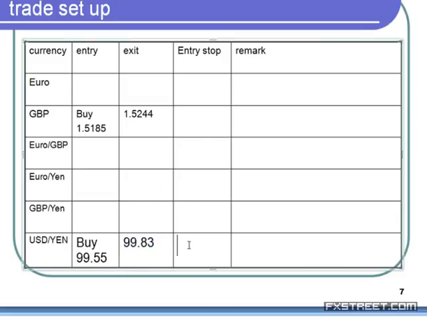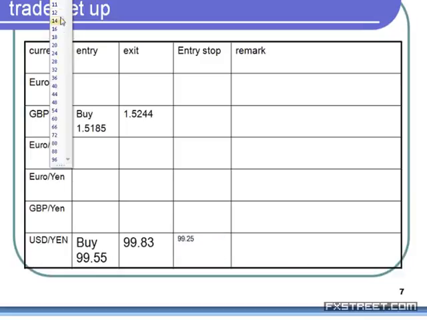Then the stop will be 30 pips below, or the hedging order, 99.25. So I have just taken two positions, and I'll try to explain to you in the second part what happened to these positions.